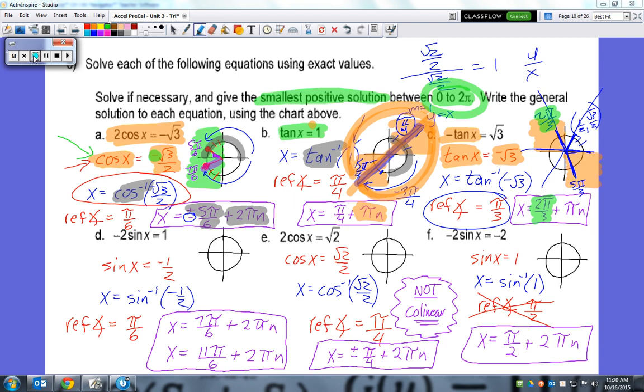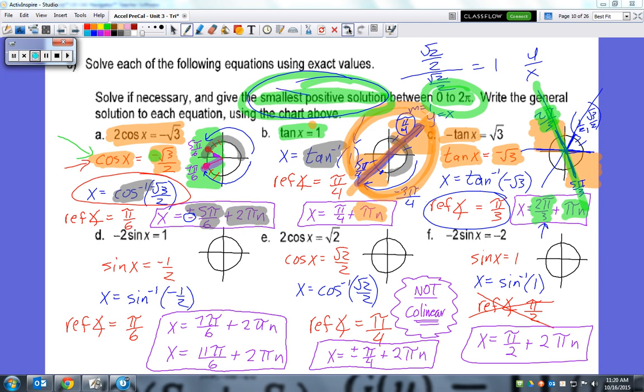Now 2 pi over 3 plus pi n, because it's collinear, to take care of all those pi jumps for both sets of answers will work. But just so that you know, if this smallest positive solution wasn't written, you could put right here 5 pi over 3 plus pi n, and you would get the same answers.